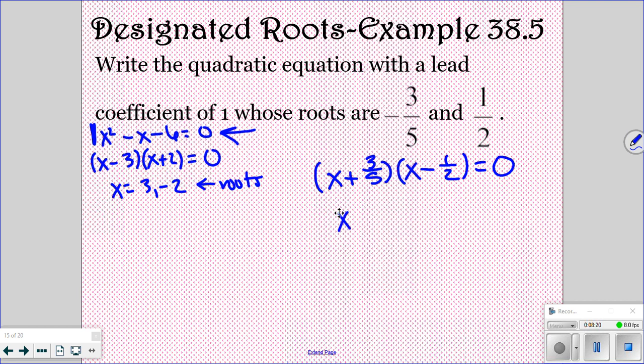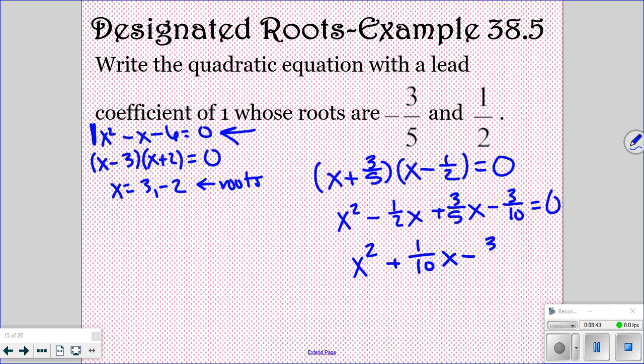So x squared minus 1/2 x plus 3/5 x minus 3/10 equals 0. And then if you combine these, common denominator would be a 10. So x squared, this would be -5 plus 6. So that's going to be plus 1/10 x.